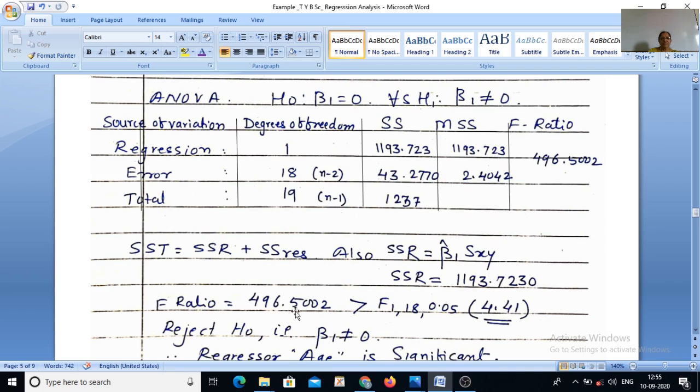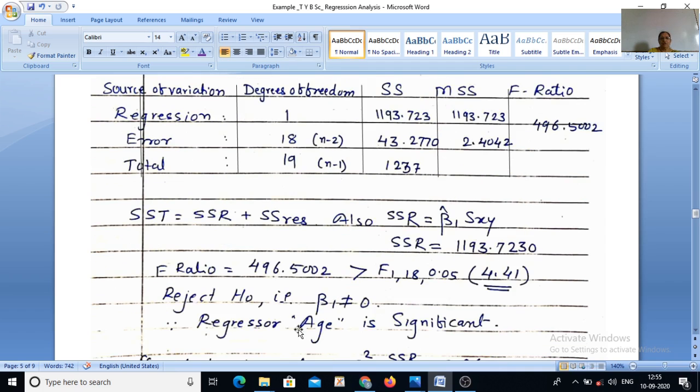So this is the F ratio, and if I look at the table value of the F distribution with 1 and 18 degrees of freedom, the value is 4.43 at the 5% level of significance, then definitely my F ratio is greater than 4.41.